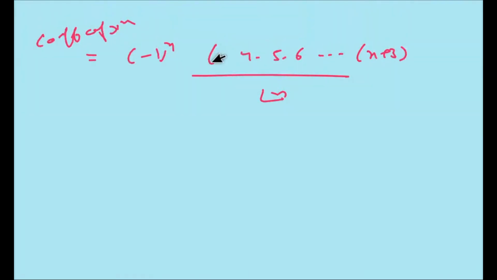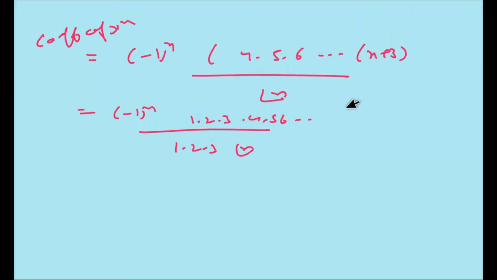First you have to multiply here 1, 2, 3 and get the factor n plus 3, and then you can write minus 1 to the power n upon 1 2 3 factorial n, 1 2 3 4 5 6 up to n plus 3.